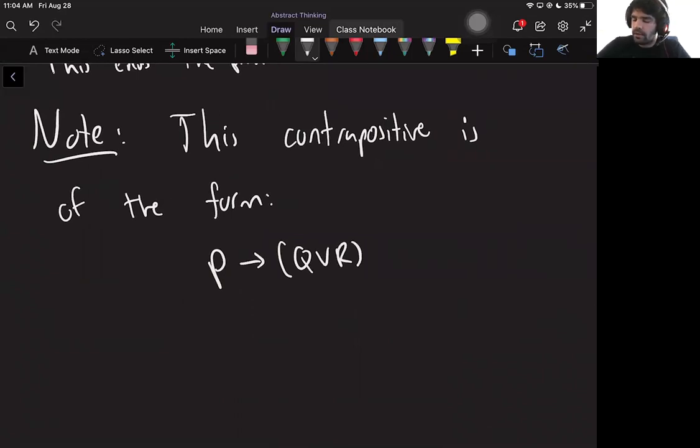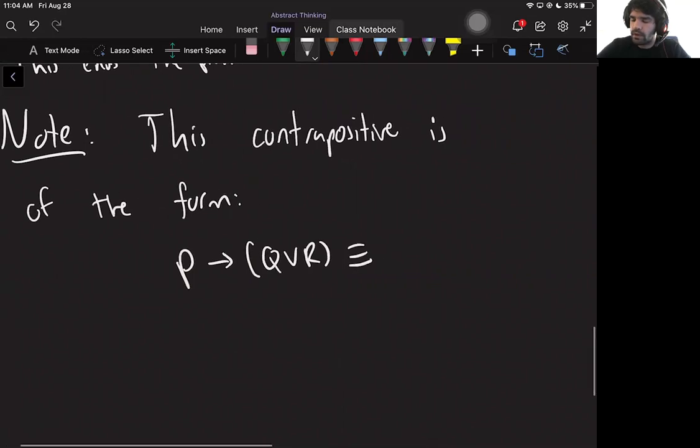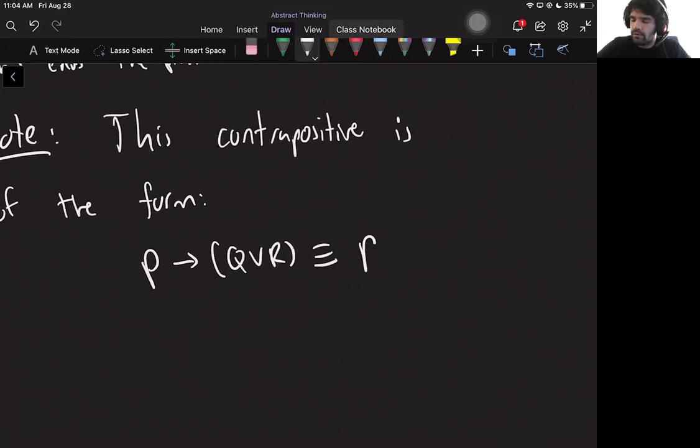And a long time ago, we actually showed that this was the same as saying if P happens and Q doesn't happen, then R happens.